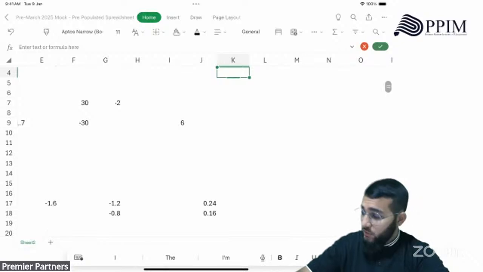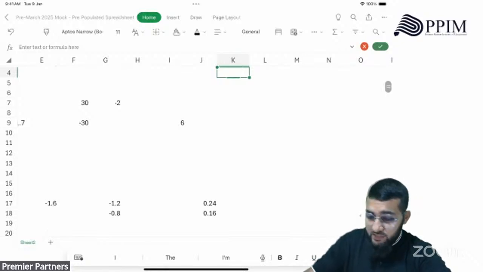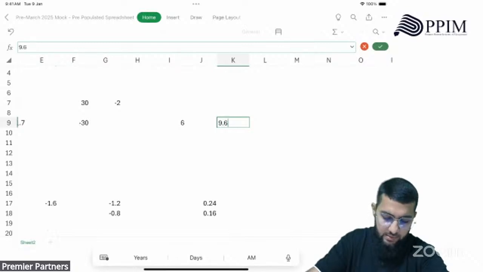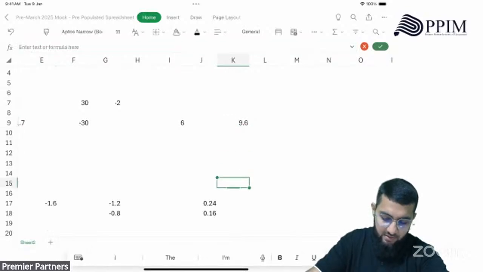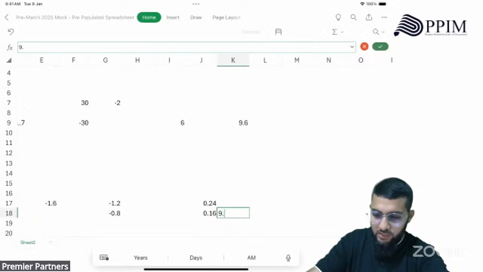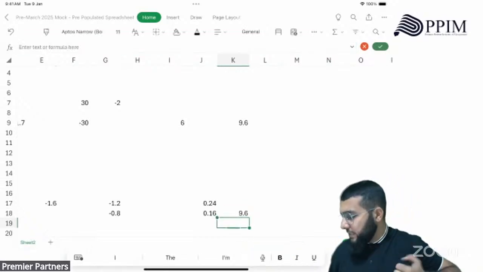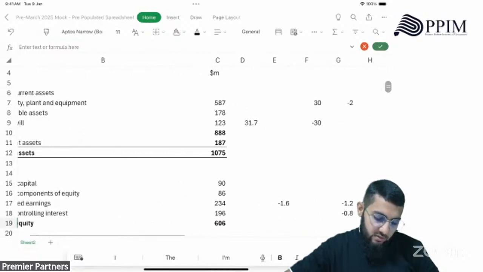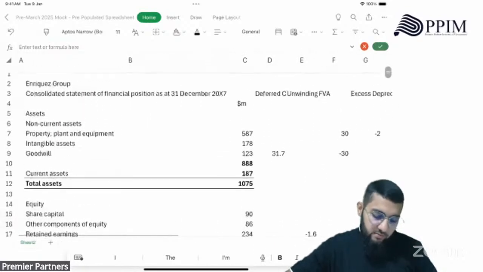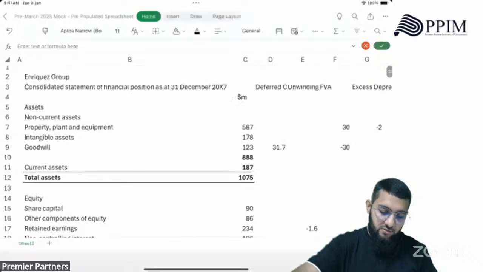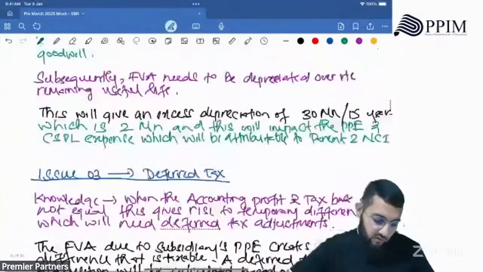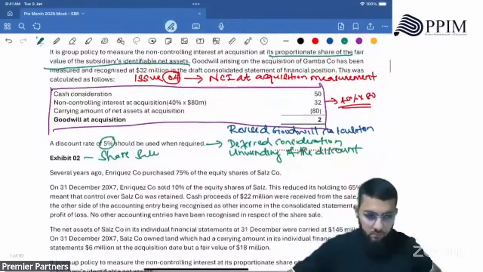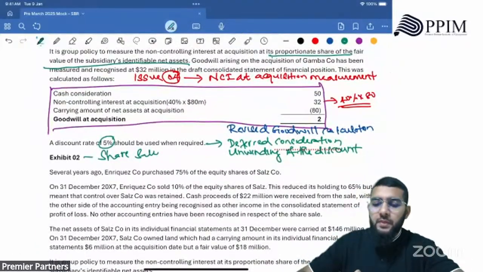So that is going to increase our NCI, increasing our goodwill by 9.6. And it increases our NCI by 9.6. So that is the detailed response for our requirement A.